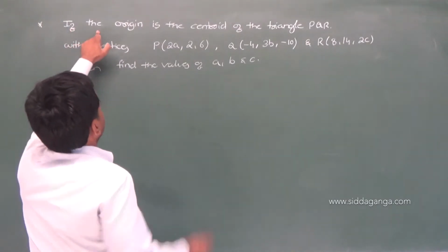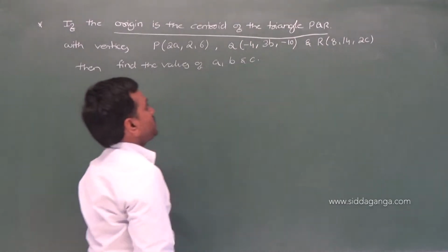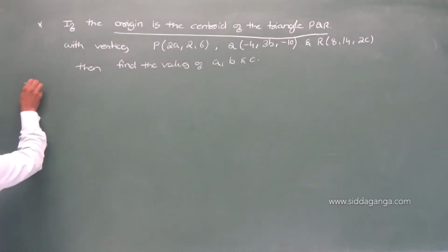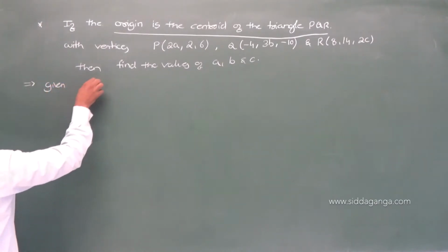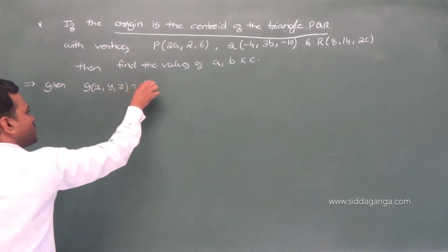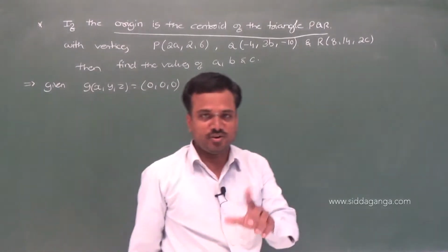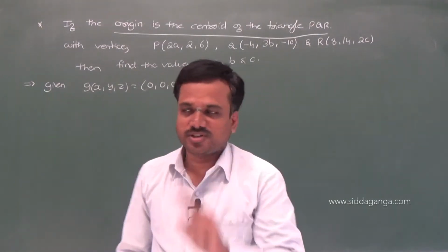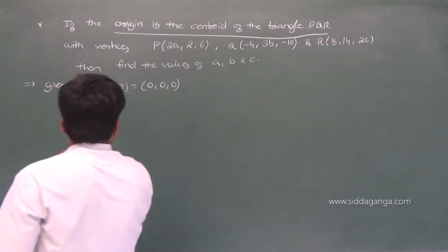If the origin is the centroid of the triangle PQR, that means given G of x, y, z is the centroid 0, 0, 0. The coordinate of the origin in space is 0, 0, 0. And the vertices are given.